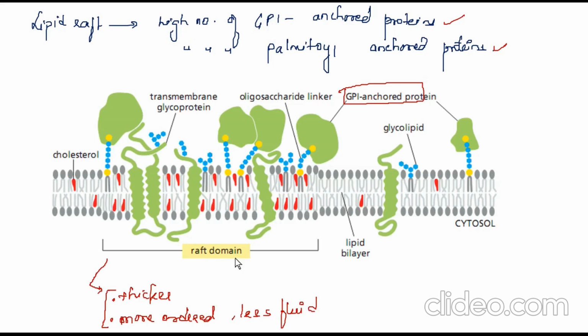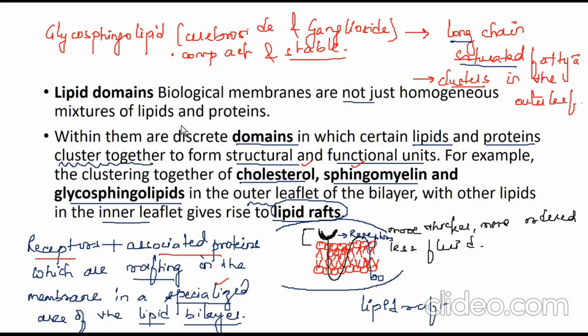In the raft domain there is a more ordered structure, and the region is less fluid, with more cholesterol present. Okay, and the membrane is thicker. On the outer leaflet there is the presence of cerebroside and ganglioside, which makes them more stable because a large number of cholesterol molecules are present there.